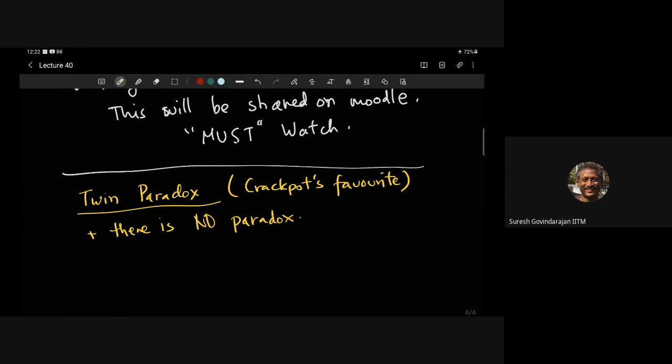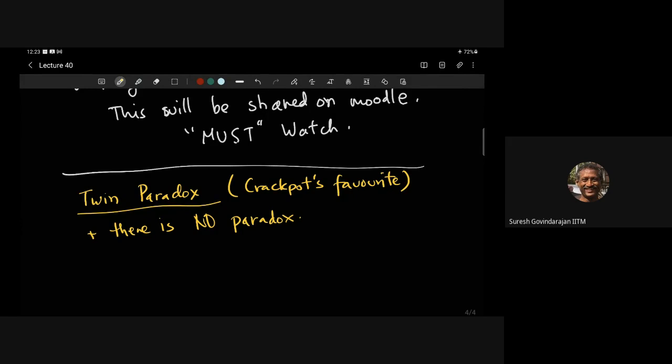The idea is as follows: there is a pair of twins. They are of course the same age, right? Then you separate them, and one travels for some time at close to the speed of light and then comes back. Now the question is, they should differ in age due to time dilation. So who will be younger?